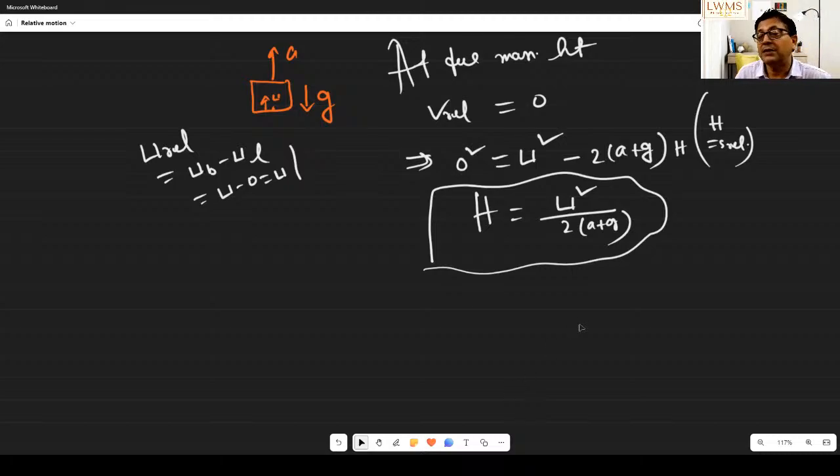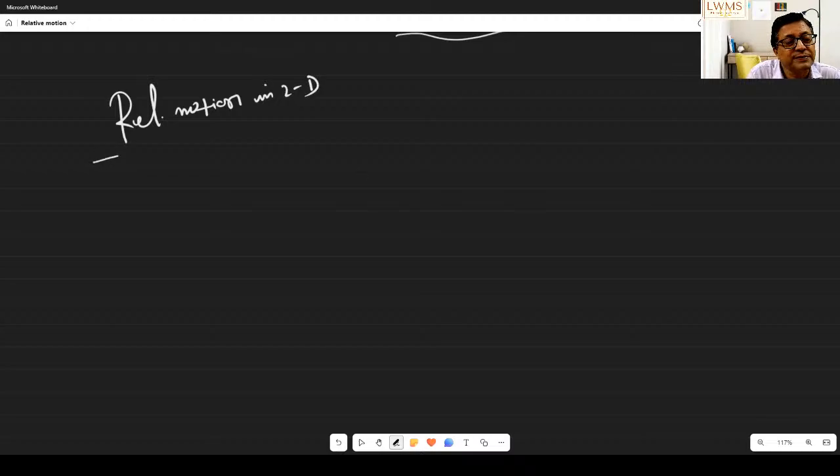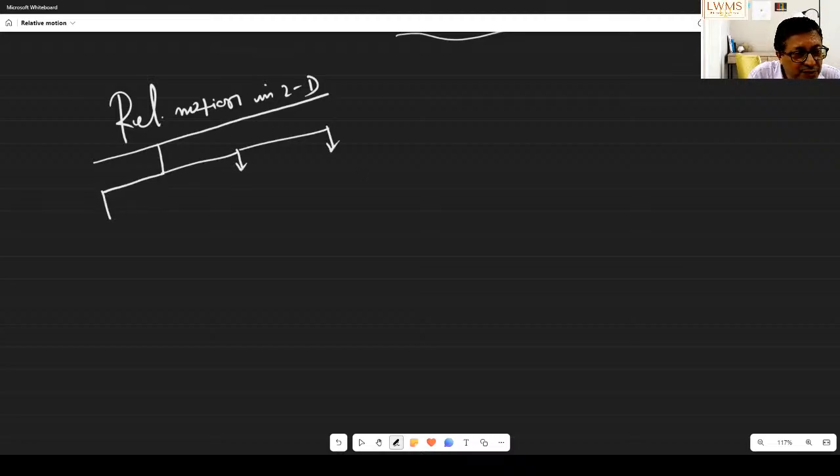First let us define relative motion in 2 dimension. How to define that? They are moving in different directions. So it is relative motion in 2D. We'll be discussing these cases here. Number one is the definition part.